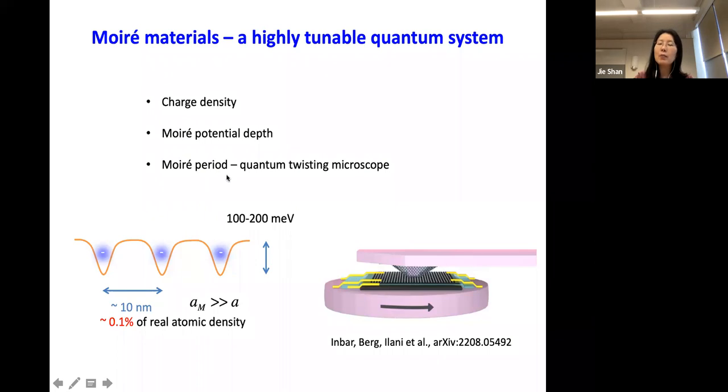And then the moire period is dependent on the twist angle, right? And recently, a group at Weizmann demonstrated that you can put one half of the device on the tip of an AFM and the other half of the device on a rotating stage. So you can rotate the angle and do your tunneling measurements at any arbitrary angle. So you can change your moire period continuously.